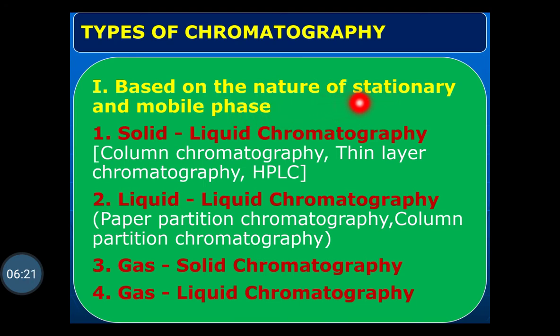First is solid-liquid chromatography, where the stationary phase is solid in nature and the mobile phase is liquid in nature. Examples of solid-liquid chromatography are column chromatography, thin layer chromatography, and high performance liquid chromatography.